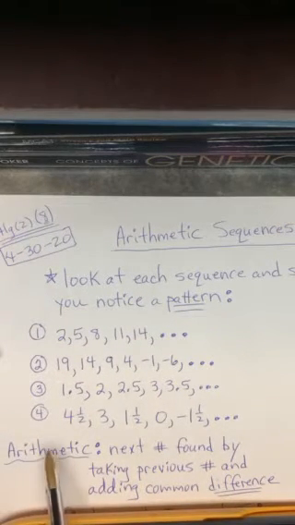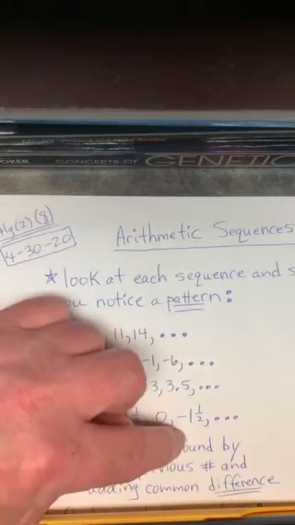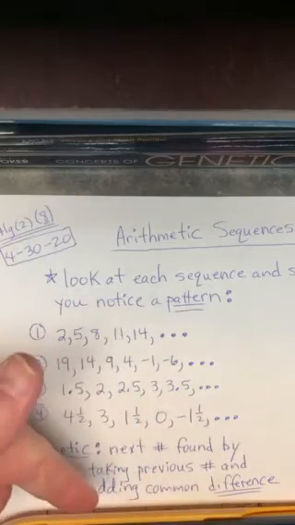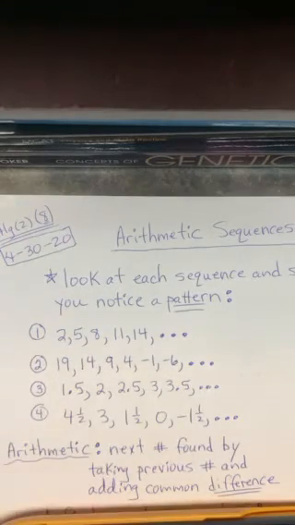An arithmetic sequence is a sequence where, and then write down this official definition, the next number is found by taking the previous number and adding the common difference. And I've underlined the word difference twice because that's going to be an important letter in the first formula I'm going to create for you, okay?